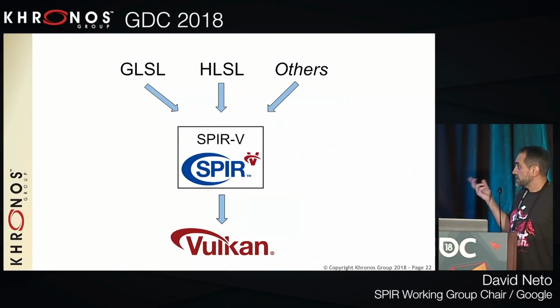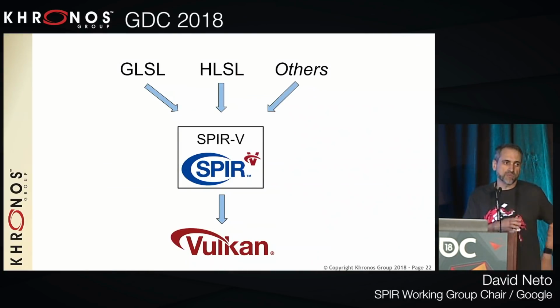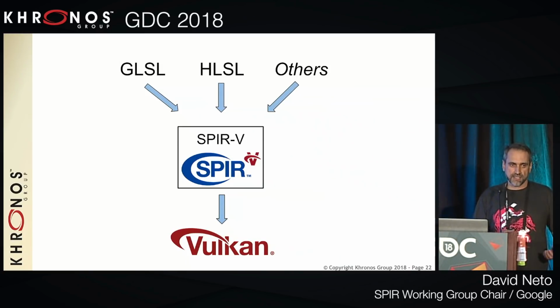All right, so let's talk about how you get shaders into Vulkan. Most people want to write shaders in their existing shading languages, GLSL or HLSL, or you might have a domain-specific language that you want to have your own compiler for. Well, SPIR-V is there to be the vehicle where you translate that with a compiler into SPIR-V, and then you hand that off into Vulkan. SPIR-V is fairly general.